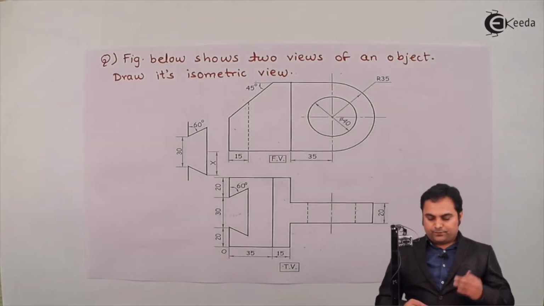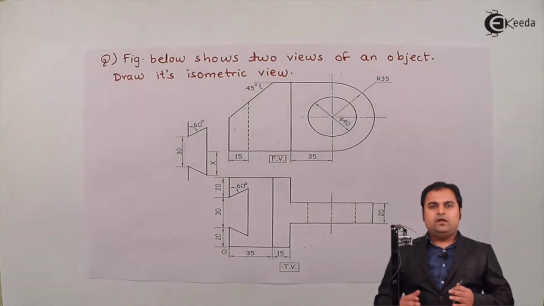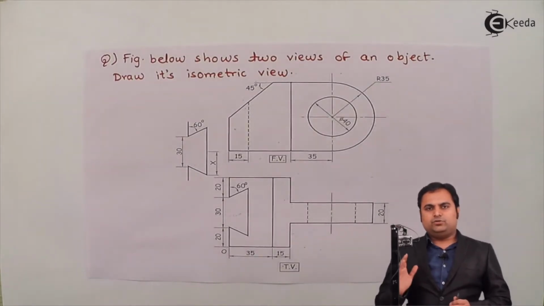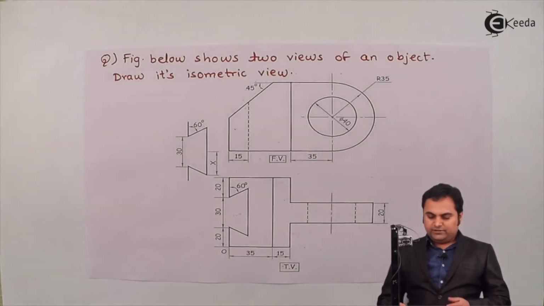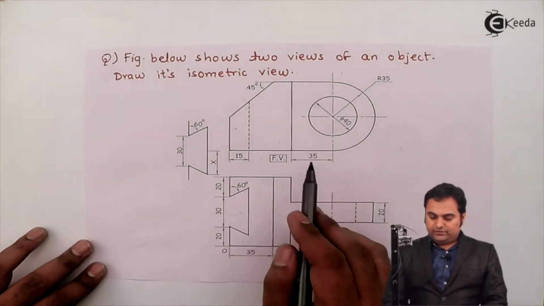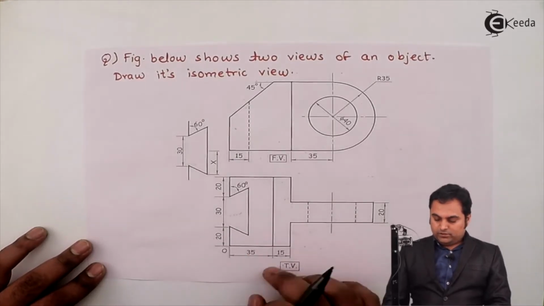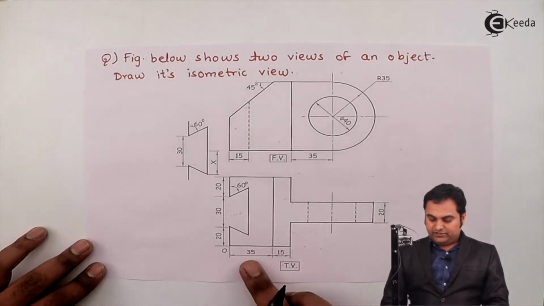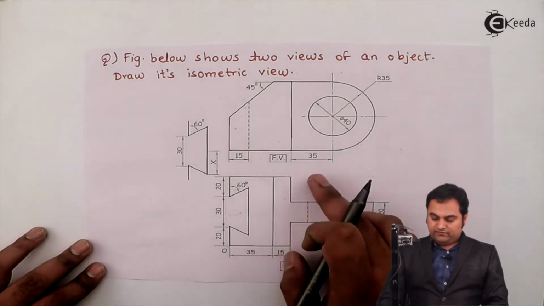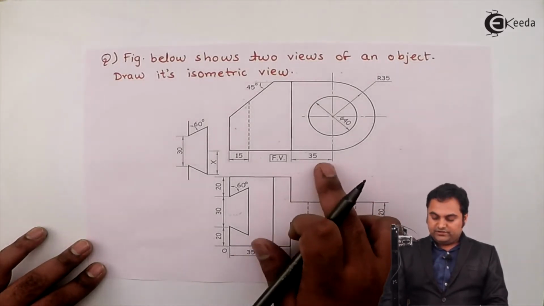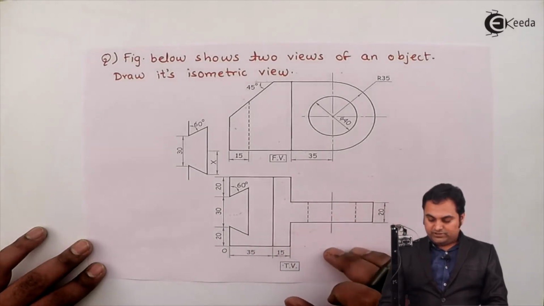As we start the question, at first we should know the total length, height and width of the object. The total length is visible both in the front view as well as in the top view. In the top view, I have 35 mm, then this is 15 mm. Again in the front view, the length is 35 mm up to the center.